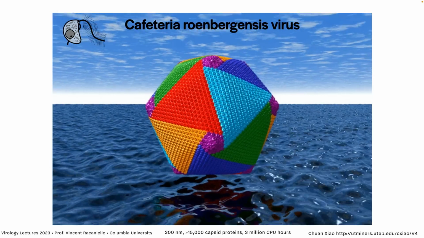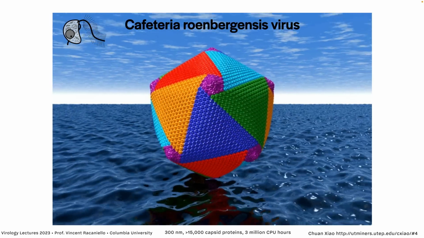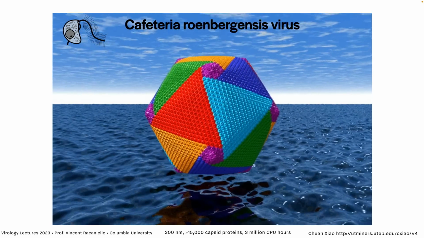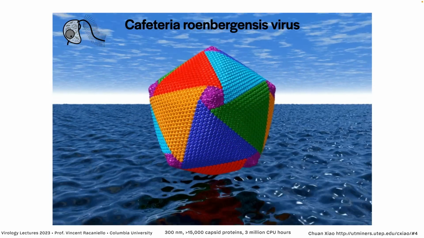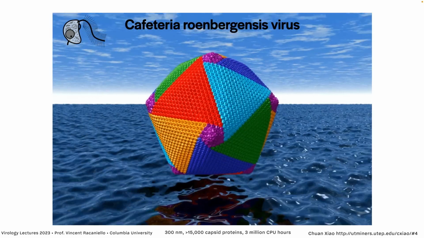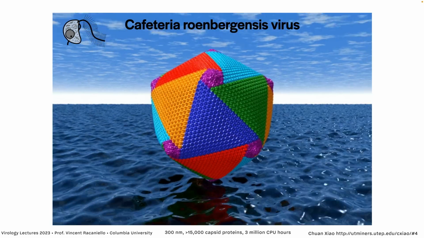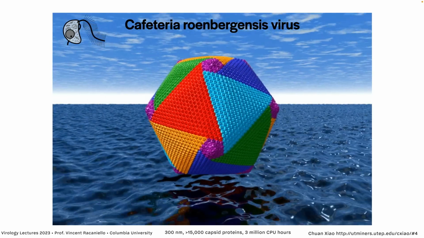And it's huge. It's a 300 nanometer particle, 10 times the size of poliovirus. It has over 15,000 capsid proteins. And this little rotation was made by Xuan Shao, a guy at UTEP. And he's fooling around because this virus infects a protist in the ocean, right?